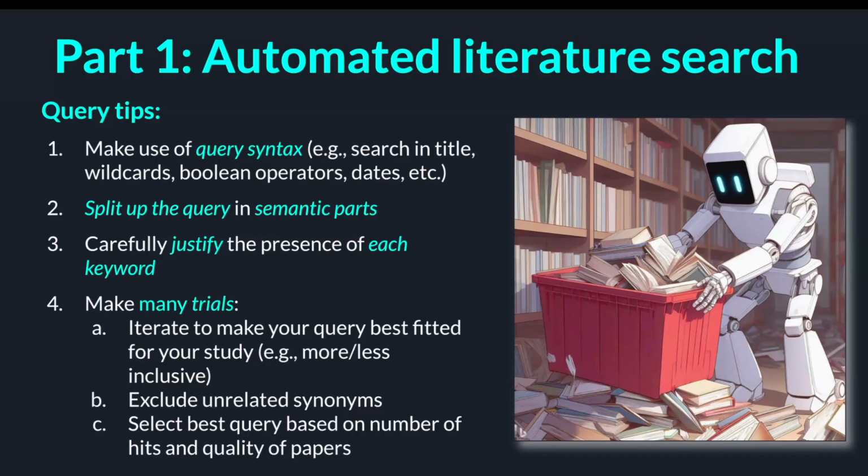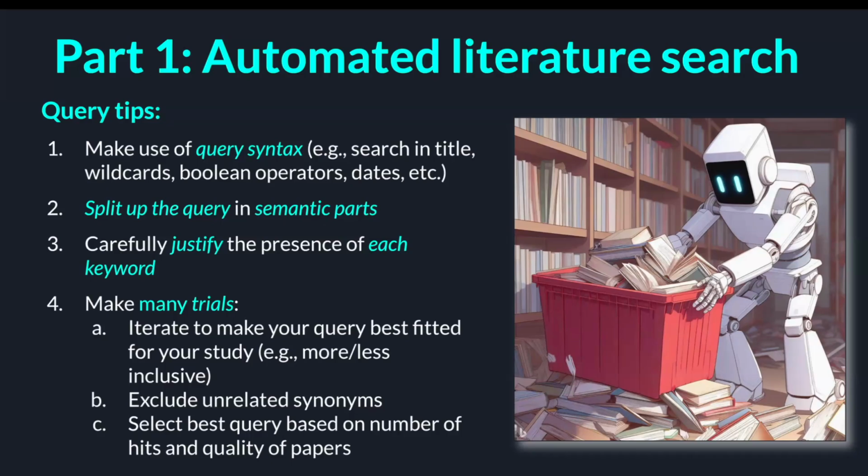So maybe you see at some point that your query on high performance computing is getting papers on agriculture, because maybe there was a synonym that works also for agriculture. You should engineer your query in a way that these types of papers are excluded as much as possible from the start.